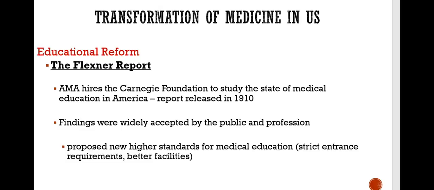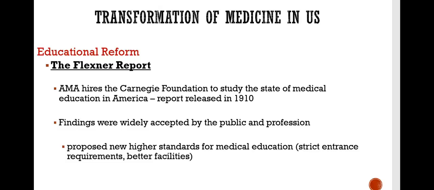Now, one important contributor to this educational reform was the Flexner Report. So the AMA hired the Carnegie Foundation to study the state of medical education in America. This was in 1910. Findings were widely accepted by the public and by the medical profession.